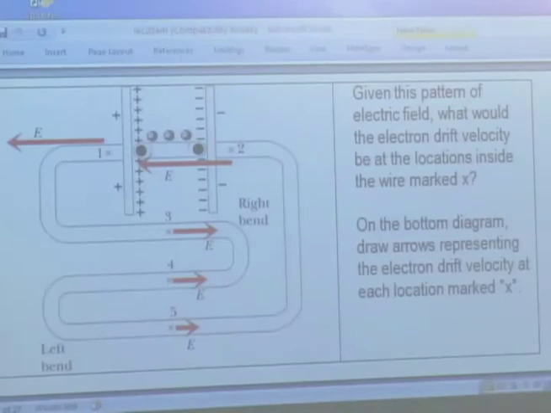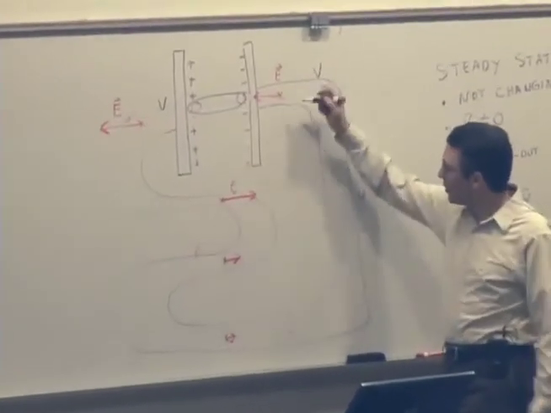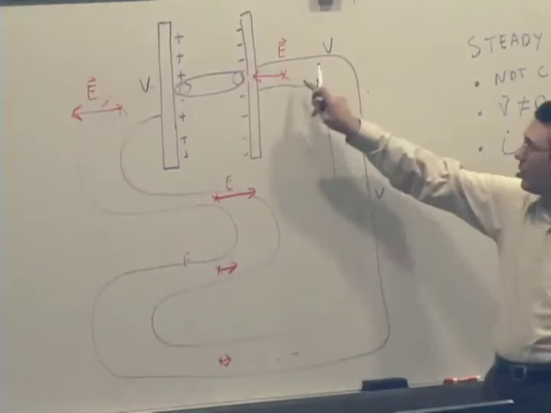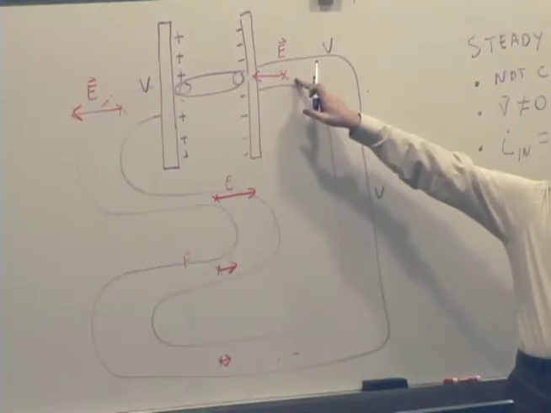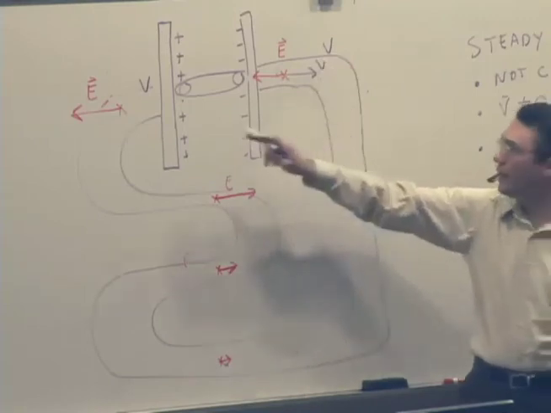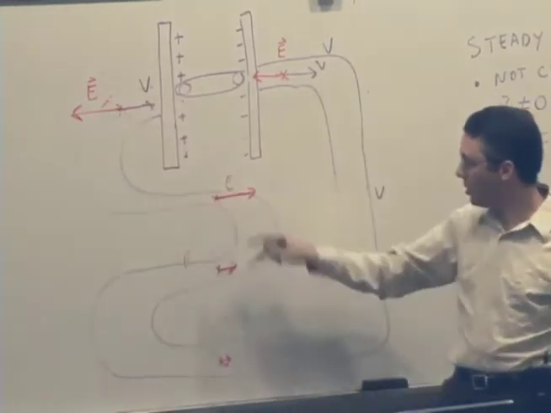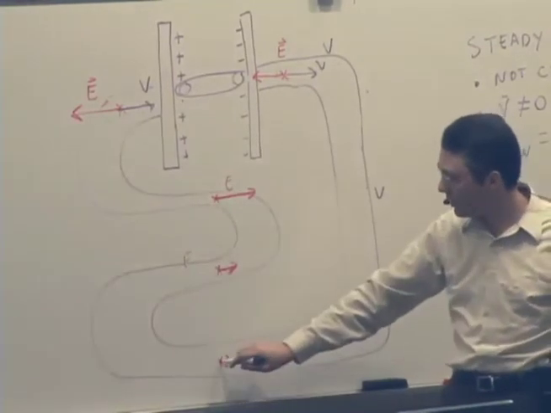Okay, what do we got? The electric field is exerting a force on these negative charges. So at this location, the velocity is what direction? Opposite, okay. And at this location, the direction is opposite. And at this location, the direction is opposite.